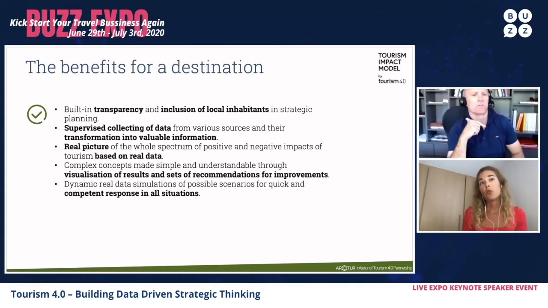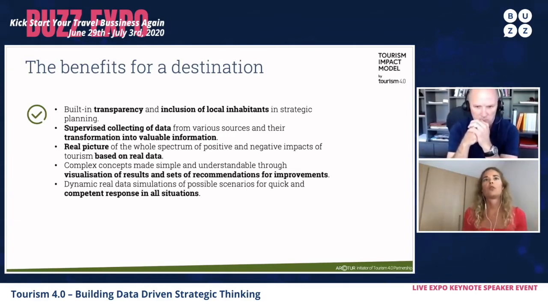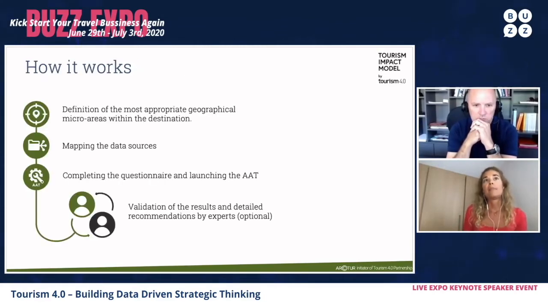Then, of course, the visualization of results of complex concepts and data in simple visualizations, and then recommendations on how to proceed to have this competent response in all situations. This is the process. I will now give the word back to Tomi to explain how we use these technologies to collect data.